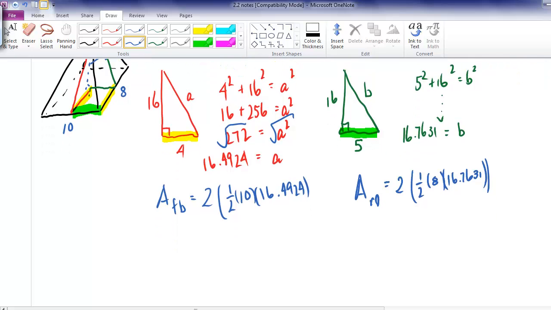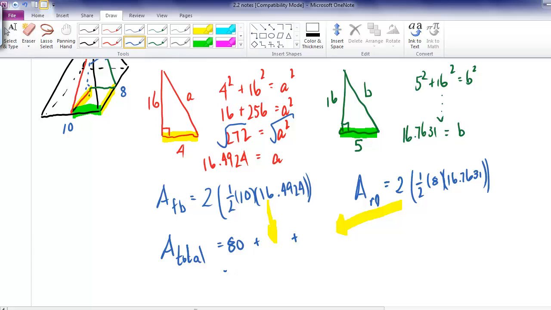But what I did in my notes is I just put all these things together. So I would end up with the total area. So I'm going to call it surface area total. Well, we know that's equal to 80, the area of the base, plus this thing right here, whatever that is, you can do it on your calculator, plus this thing right here.